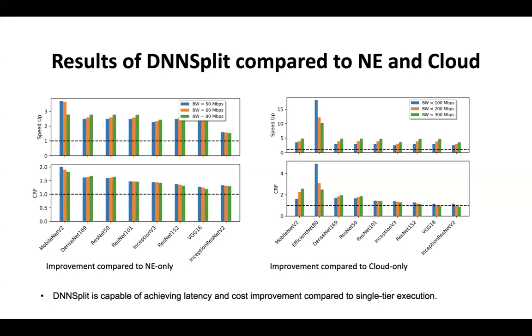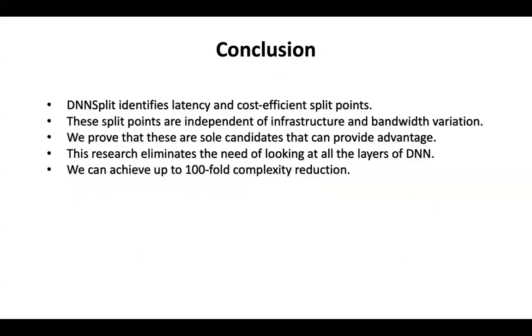So now to conclude, DNN split identifies latency and cost efficient split points. And these split points are independent of infrastructure and bandwidth variations. And we have also proved that these are the sole candidates that can provide an advantage in terms of latency and cost.